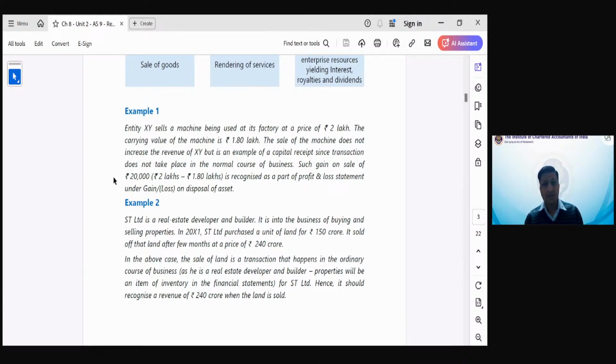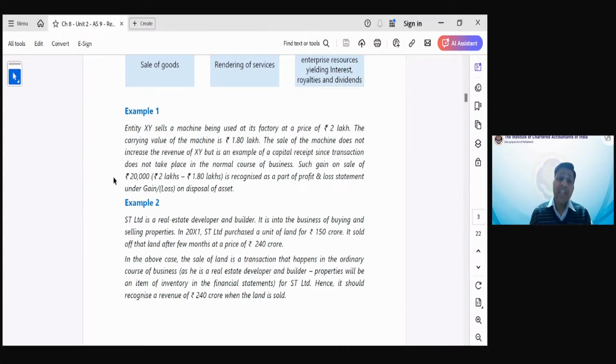Land purchased 150 and sold off at 240. In the above case, sale of land is a transaction that happens in the ordinary course of business. Why? Because that's the business of ST Limited. What is the business? To buy property, sell those. To buy land, sell those.